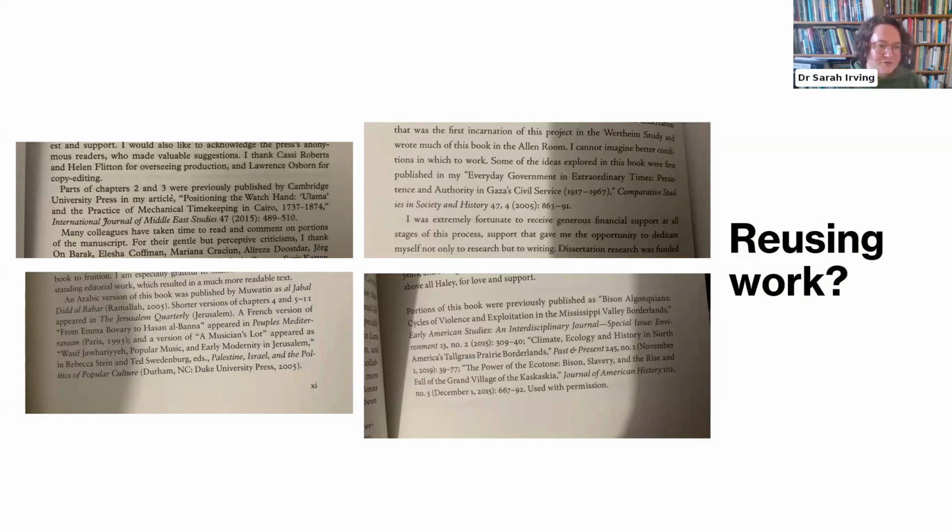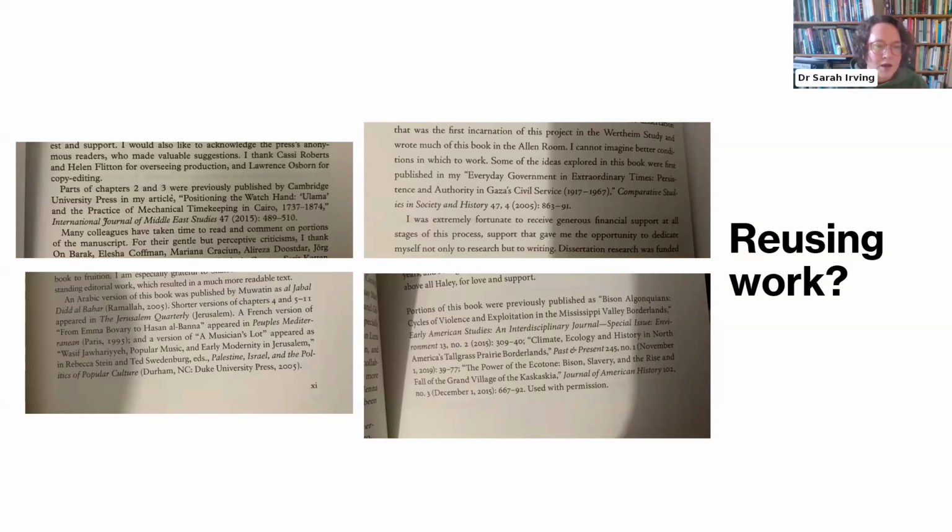In both of those cases, the first example is from somebody where this book is based on their PhD. I think the Gaza one wasn't her first book. She had published others before. The bottom left one is from a very established scholar.